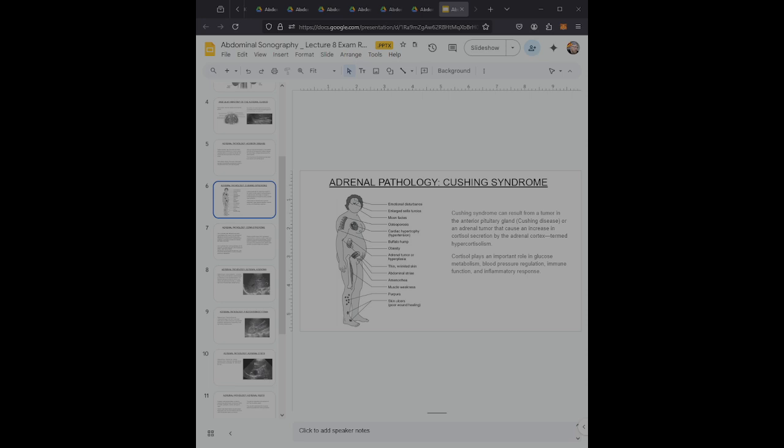So you can have a tumor that leads to the overproduction of cortisol by the adrenal glands, and the tumor causes patients to present with a number of ailments, such as a buffalo hump, obesity, a moon-shaped face, thinning arms and legs, poor wound healing, hypertension, red and purple striae over the abdomen and thighs, hirsutism, hyperglycemia, and severe fatigue. So sonographically, we see adrenal masses.